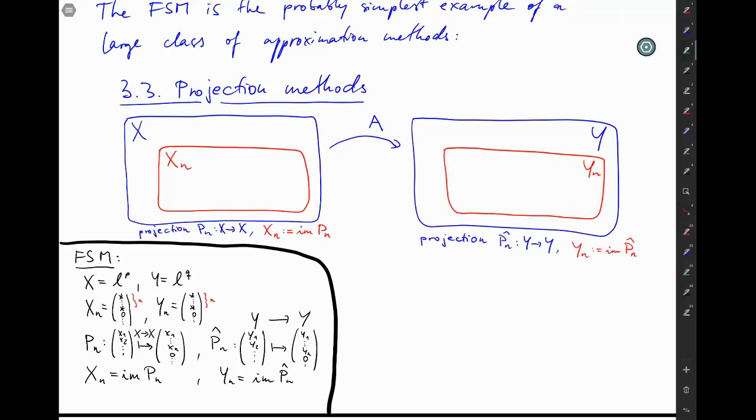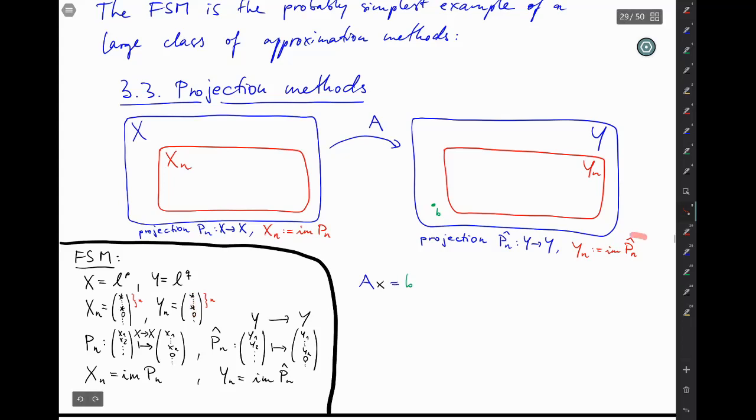Okay, and then someone gives you a right-hand side b and asks you to solve the equation Ax equals b for x. And because we want to break down things to these subspaces Xn and Yn, you want to get your b down to one of these subspaces Yn, which it usually isn't in already because, well, in our FSM example, this would mean you get a right-hand side that is only supported on the first n components.